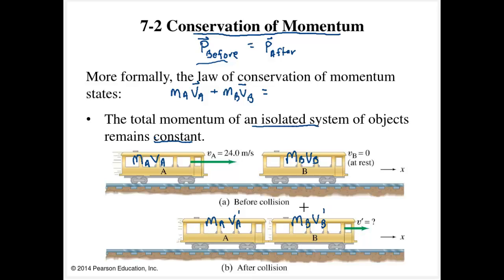And in this particular collision, velocity of A and velocity of B are going to be the same because they stick together. The book's calling that V. I'll do that in just a second. I want to write the most general case possible first.